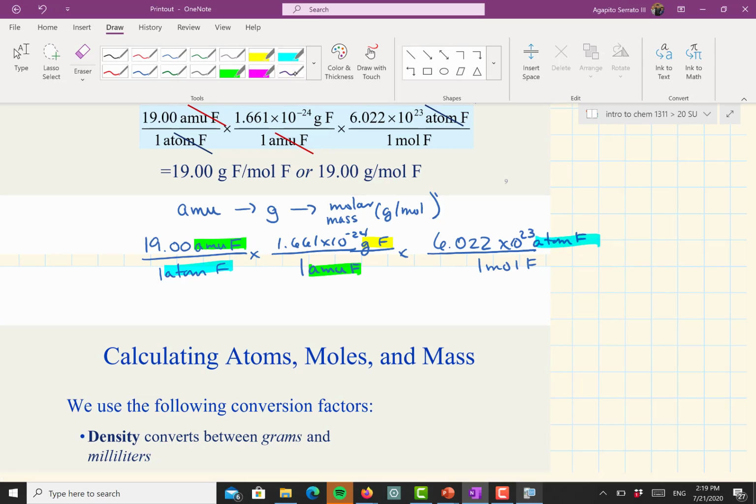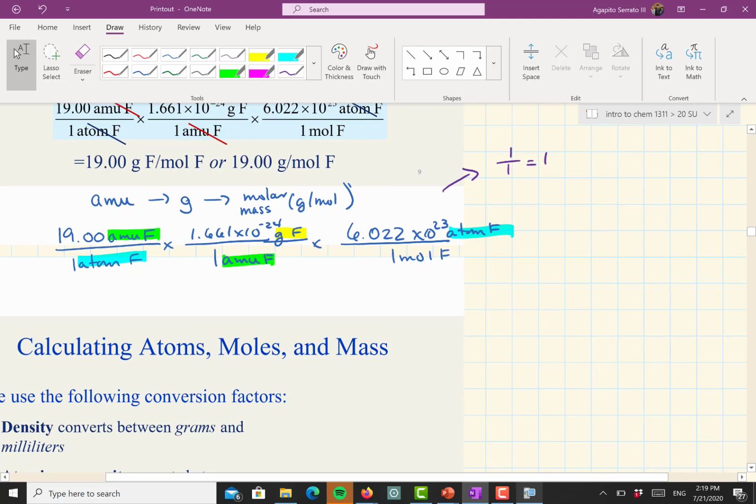Well, keep in mind, when we do 1 divided by 1, this gives us 1. Or if I do 2 divided by 2, this still gives us 1. If I were to take AMU of fluorine and divide it by AMU of fluorine, this also gives us 1. That means that these things reduce out. So what the heck does that mean? That means that they go to 1, so they go away.